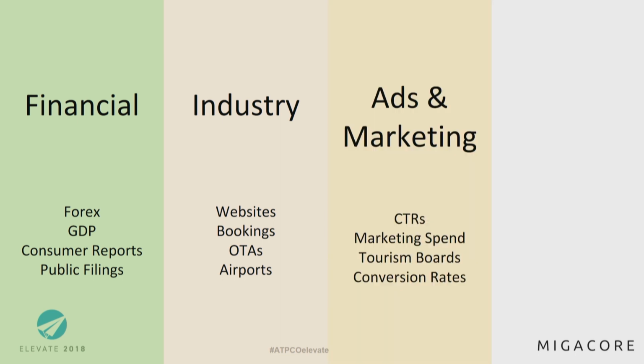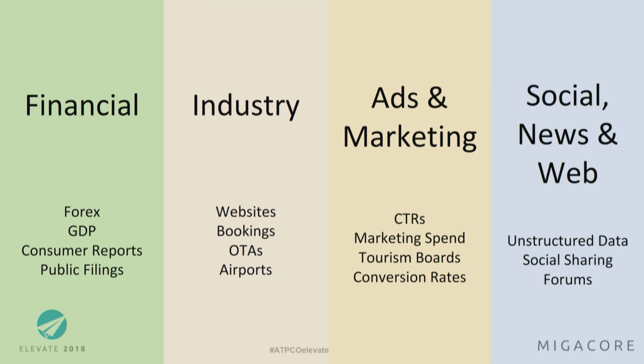We find it in the ads and marketing industry. Every time a consumer books, every time a consumer searches, we know about this, and we can use this context to understand what it is they're looking for. And lastly, we find it in social, news, and web data. Everyone who uses the internet is fundamentally a customer of a travel product. And it becomes important to understand what are they talking about when they're not in the travel flow.